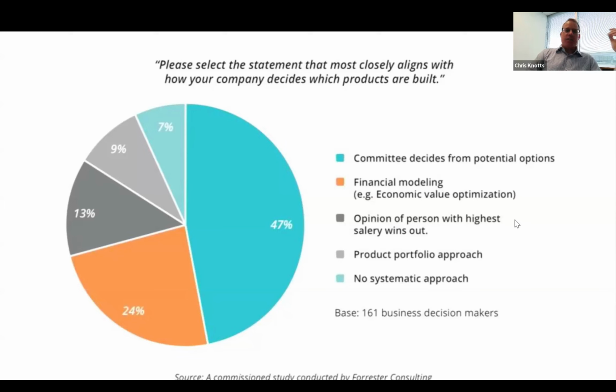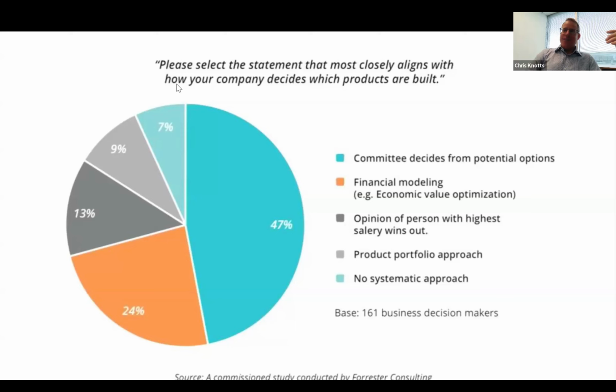They just make the decision, and that's how we decide what we're going to invest in. 9% at the time this study was done, at least, used a product portfolio approach. Now, I'm hopeful that would be a larger wedge of the pie these days, but for sure, it's still something that a lot of organizations are investigating or trying to think about.